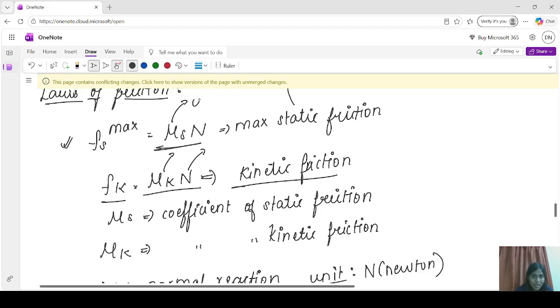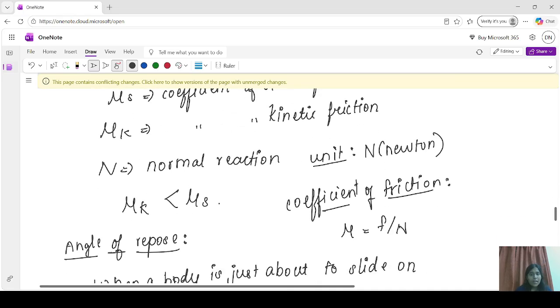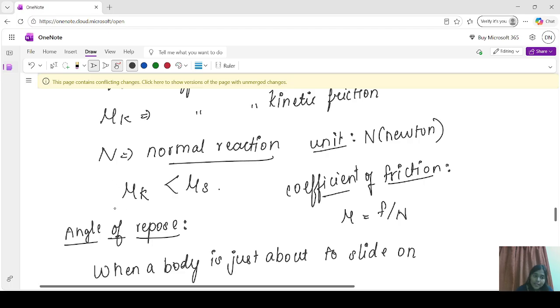Mu s represents the coefficient of static friction, and mu k represents the coefficient of kinetic friction. And what does the N mean? That is the normal reaction. Usually kinetic friction will be less than static friction.